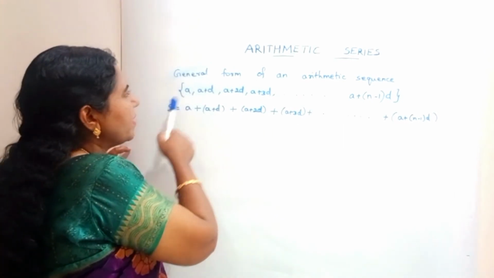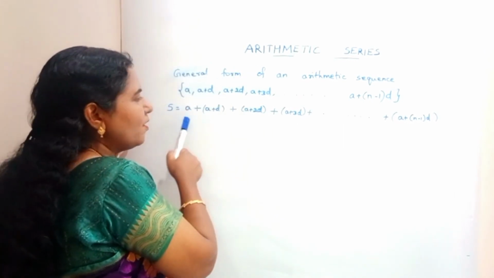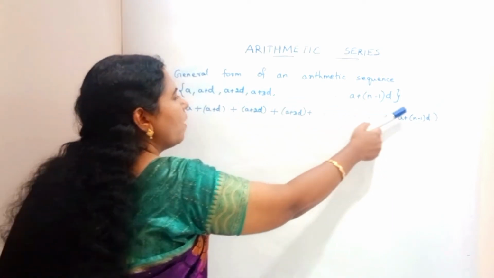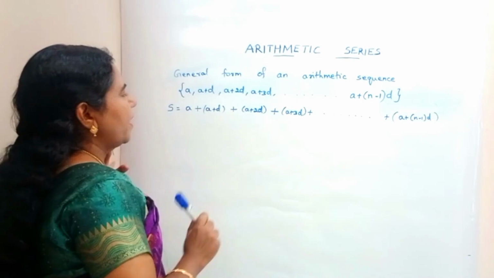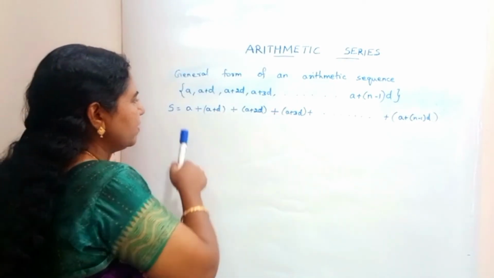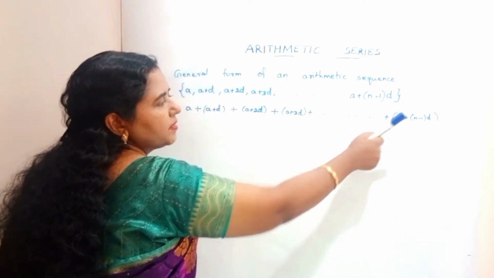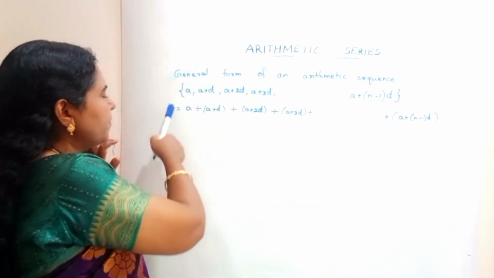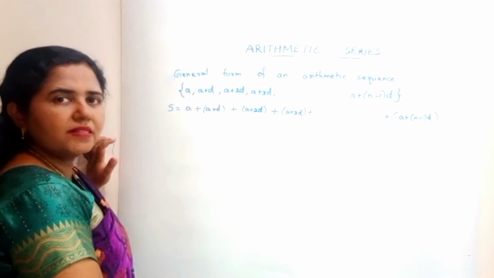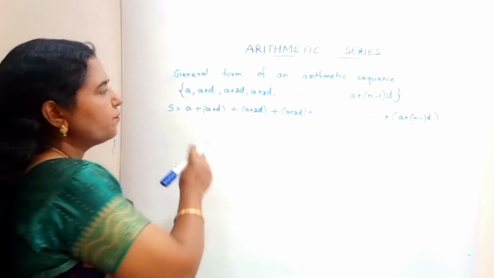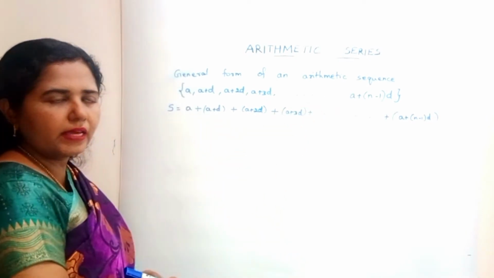Our aim is to find the value of this part, that is, a plus d plus etc. till plus a plus n minus 1 into d. That is, we have to find the value of S. This is our aim, so we are going to bring out the formula to find this value.